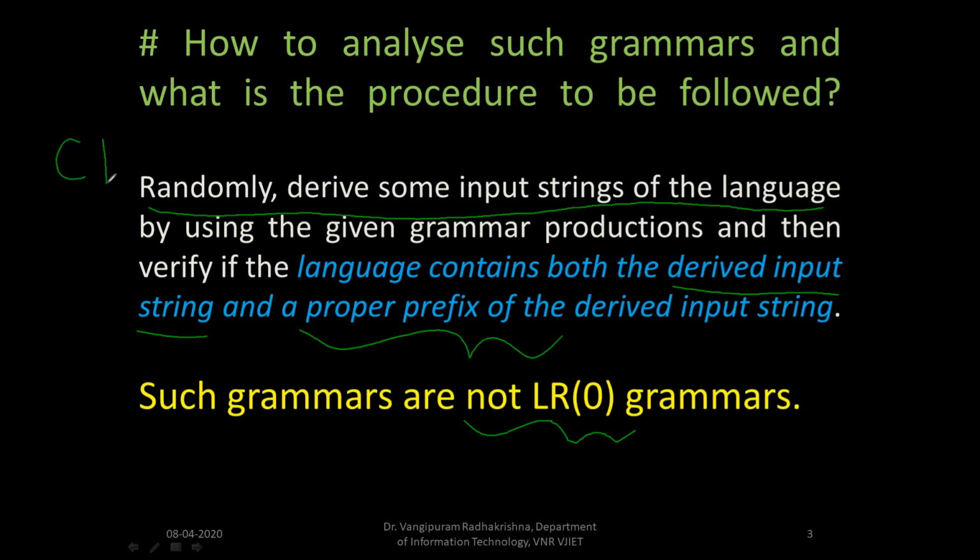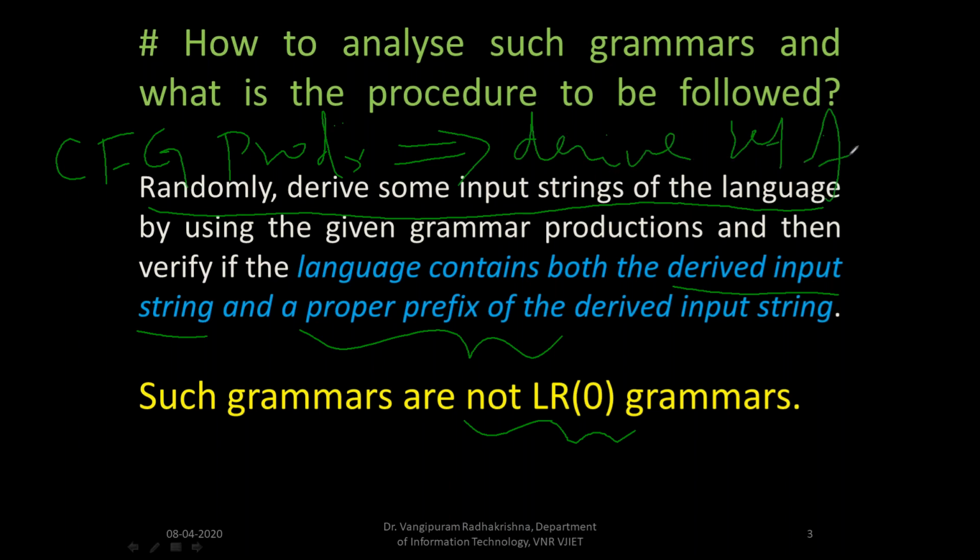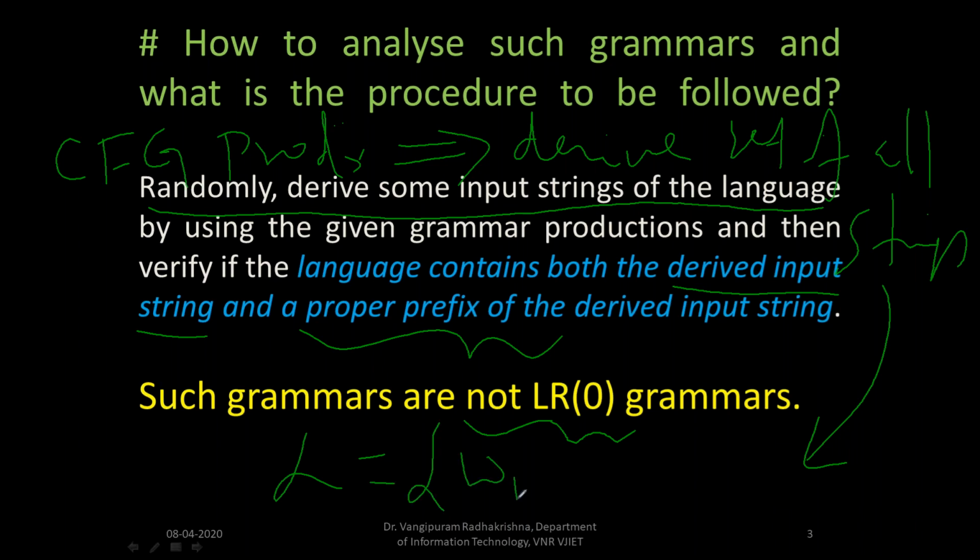Assume that there are some context-free grammar productions. Using these productions, you will try to derive the set of all possible strings. If you derive the set of all possible strings using this set of productions, you get what you call a language, wherein W1, W2, W3, and so on to Wn would be the strings belonging to the given language.